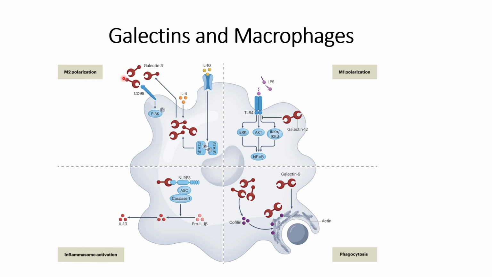Galectin 3 promotes M2 polarization, galectin 12 promotes M1 polarization, galectin 9 and galectin 3 help in phagocytosis, and galectin 12 helps towards inflammasome activation.